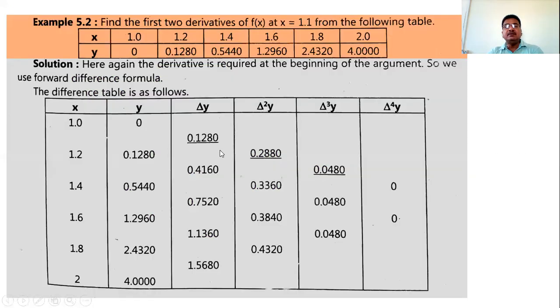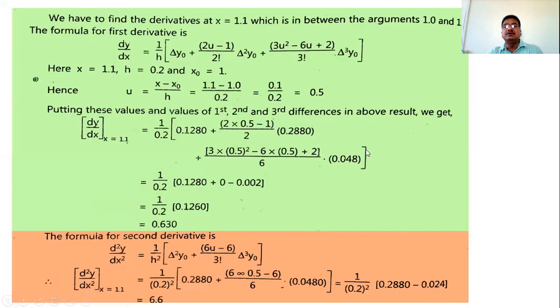So what is delta y naught? This is delta y naught, 0.128, and this is delta square y naught, this is delta cube y naught. So substitute all these values of u, delta y naught, delta square y naught, delta cube y naught, and do the calculation using a calculator. We get the answer 0.630. This is the first order derivative at x equal to 1.1.